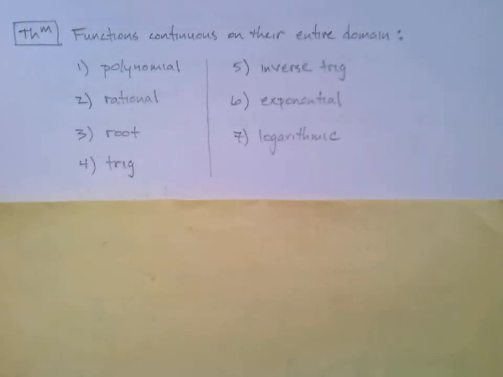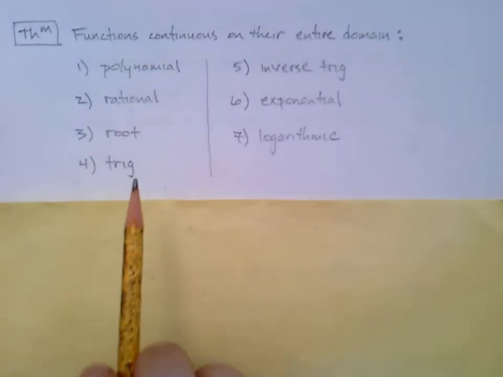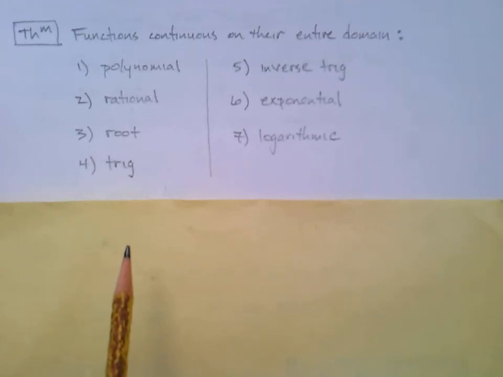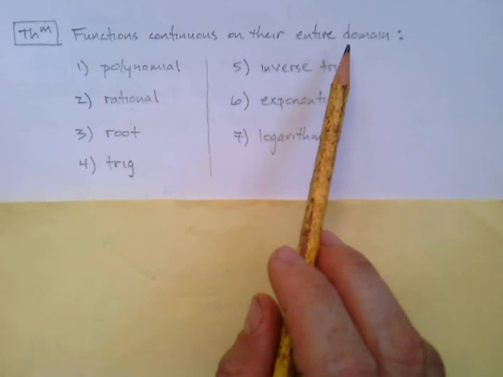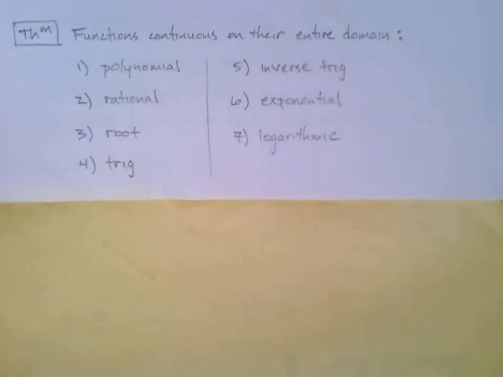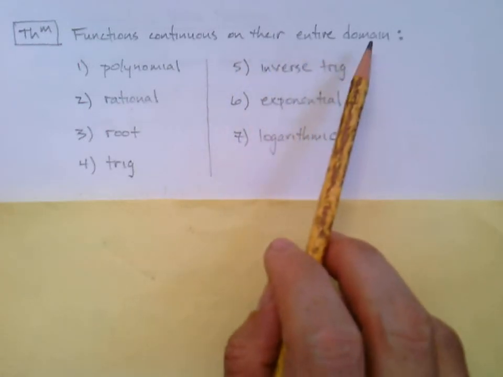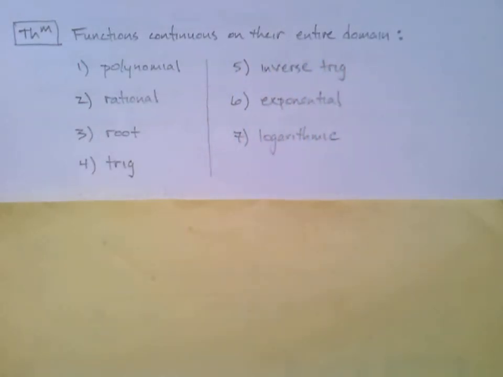That's absolutely true. However, where those holes or asymptotes occur, those are not part of the domain. And so we're careful here. We're saying on the domain it's continuous. And we did see examples later with those piecewise functions where there were discontinuities on domain values, right?